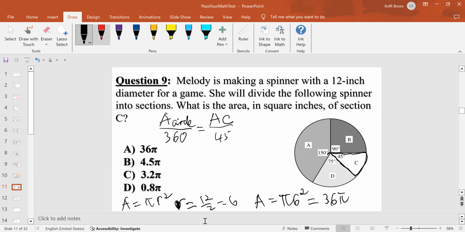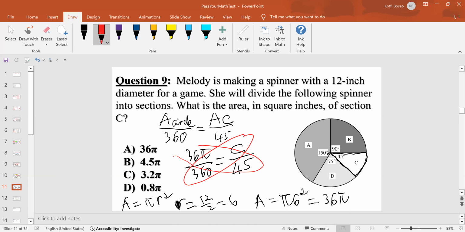But this is not yet the answer. This is telling us that 36 pi divided by 360 is the same as the area of C, which I can call just C, divided by 45 degrees. To solve for C, we're going to cross multiply.